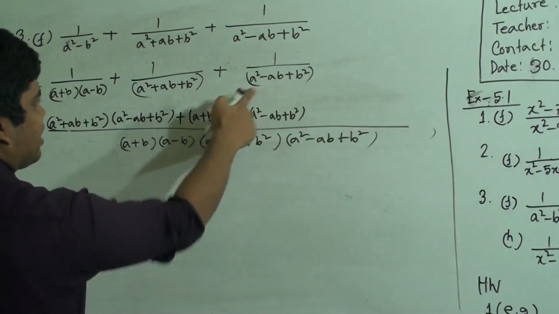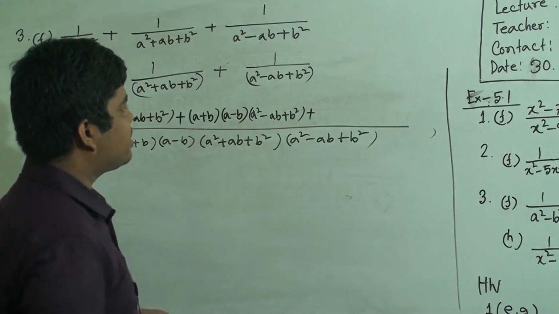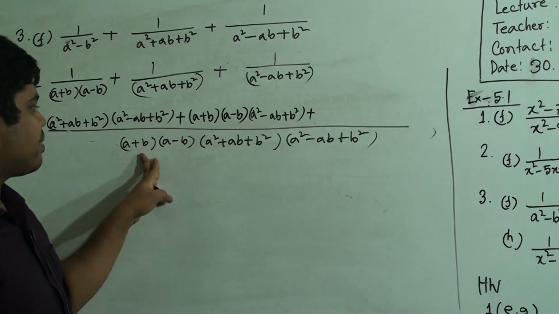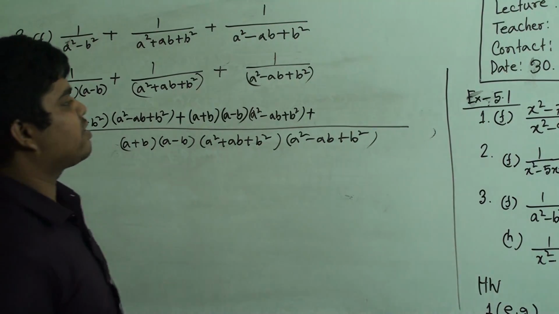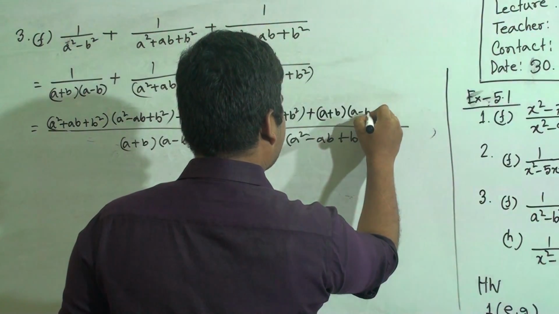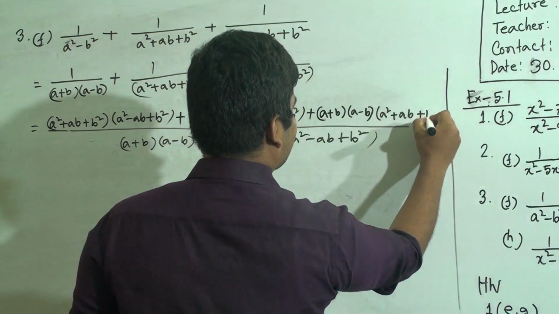Same process for the third fraction, this plus sign is here. After that we divide the LCM by the denominator of the third fraction, and we get a plus b into a minus b into a square plus ab plus b square. Now we write this a plus b into a minus b and a square plus ab plus b square.